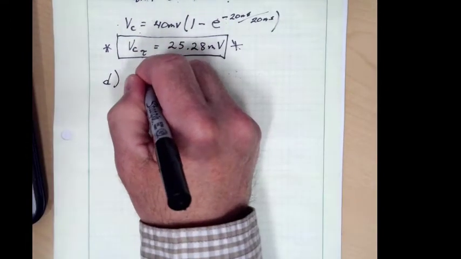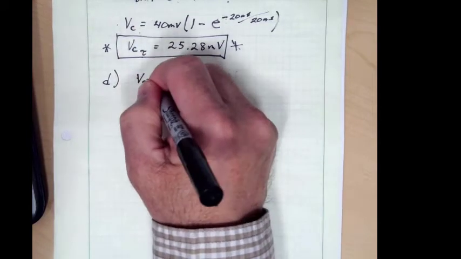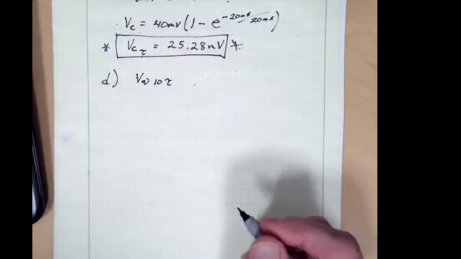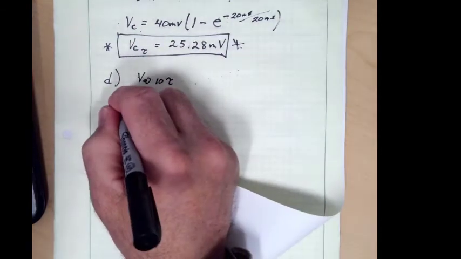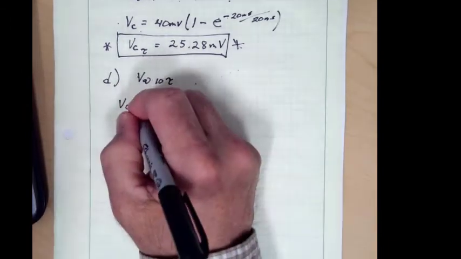What is the voltage at 10 time constants, 10 tau? Well, we simply just run our equation again here.